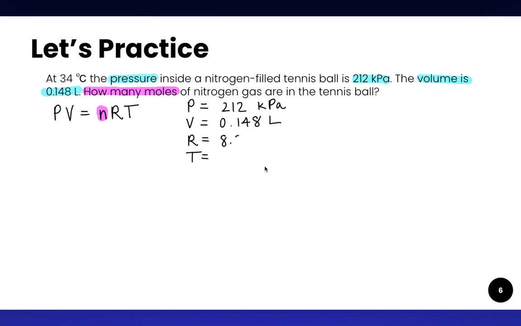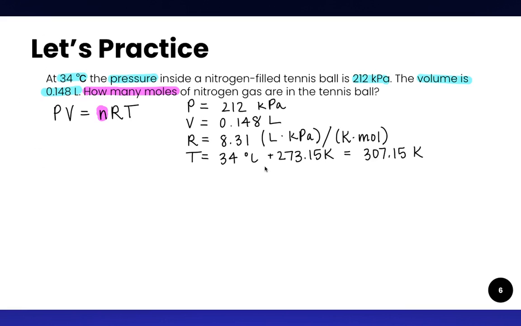It's 8.31. And then it has that long set of units. Liters times kilopascals divided by Kelvin times mole. The temperature is 34 degrees Celsius, which needs to be converted into Kelvin.